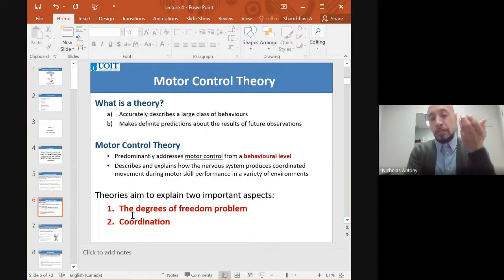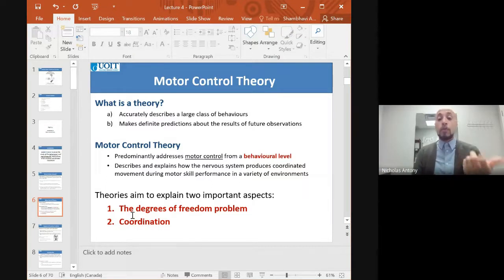So to develop a theory, what you do is you do a bunch of research and you observe the factors. You observe what's going on, and then you take that information and you're able to make predictions about future observations, and that's how you develop a theory, regardless of what field it's in.